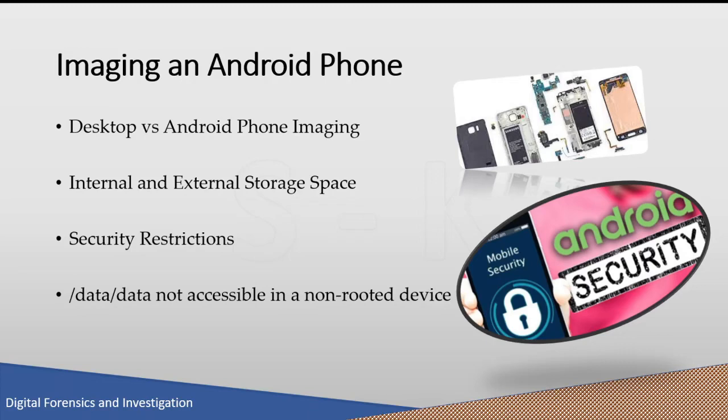Also, Android does not provide access to the internal directories and system-related files. This restricted access is to ensure the security of the device. For example, the data folder is not accessible on a non-rooted device. This folder is important to us because it stores most of the user-created data, and many applications write valuable data into it. So to obtain an image of the device, we need to root the Android device first.